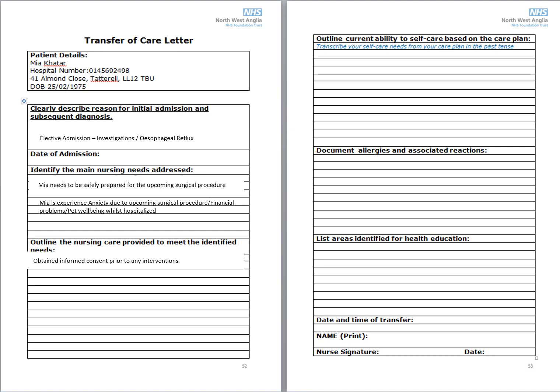The next step is going to be outlining the nursing care provided, and we are going to do this by copying all of our nursing interventions from our initial care plan. So as you can see, I've copied everything, but I've put it in the past tense. So we're talking to our colleagues in the discharge lounge and we're telling them what we did.